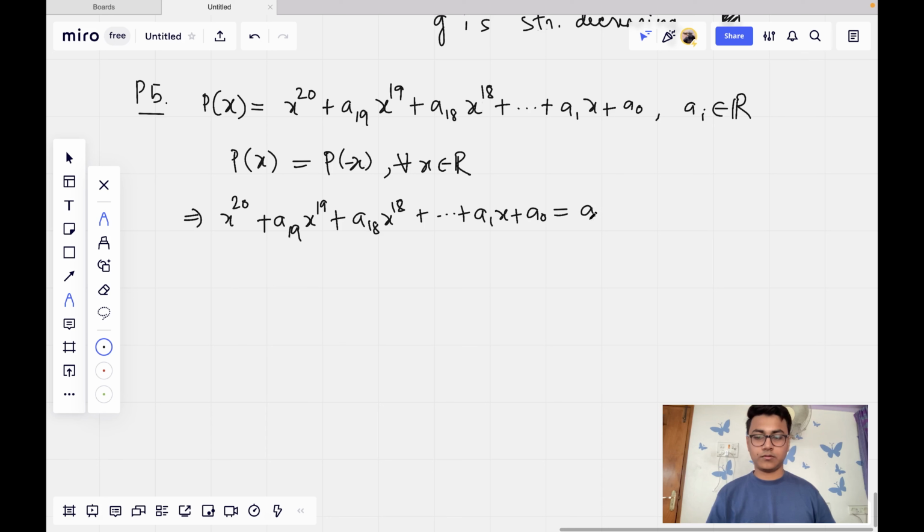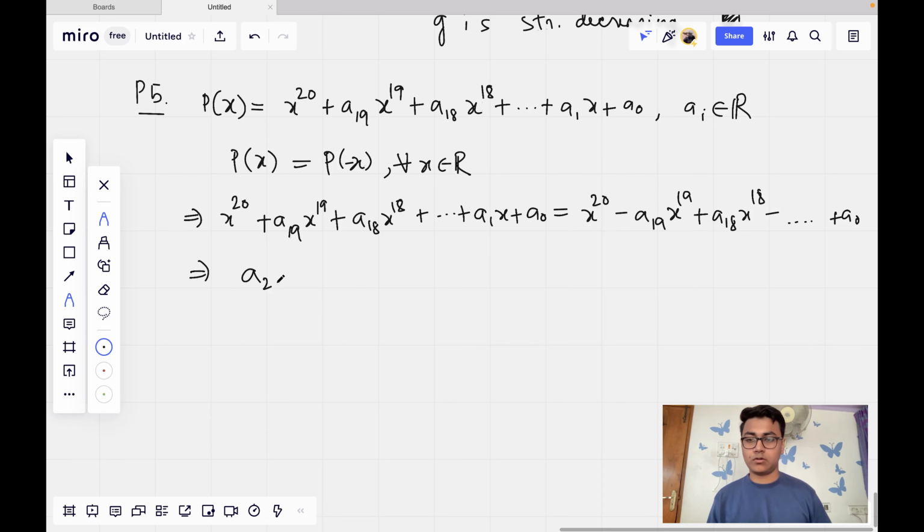This is equal to x to the power 20 minus a19 x to the power 19 plus a18 x to the power 18 minus, all the way till this plus a0. Since this polynomial equation is true for all real numbers x, just comparing the coefficients, we get that all of the odd coefficients are 0.